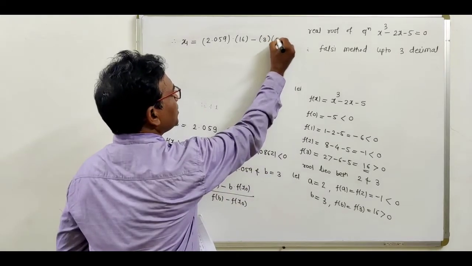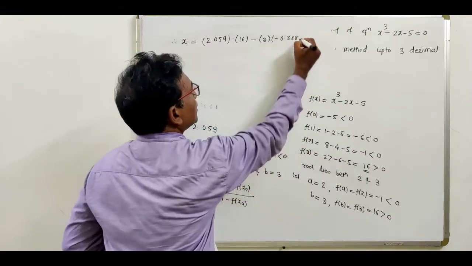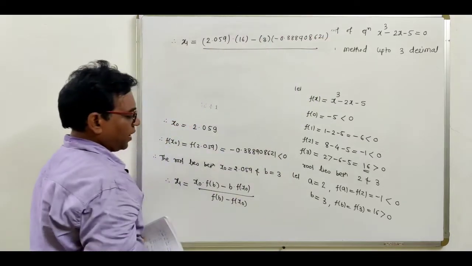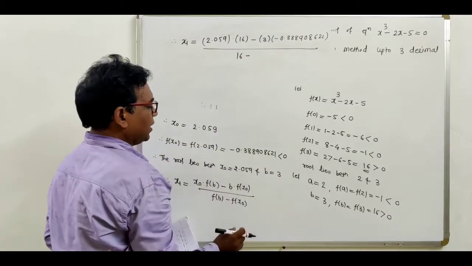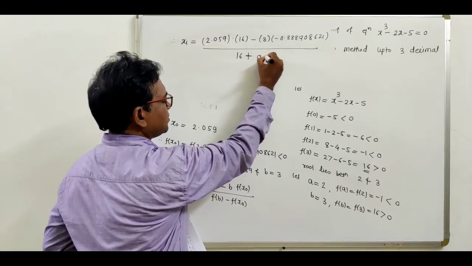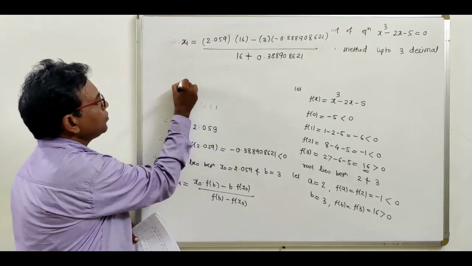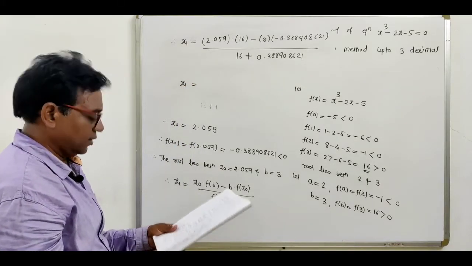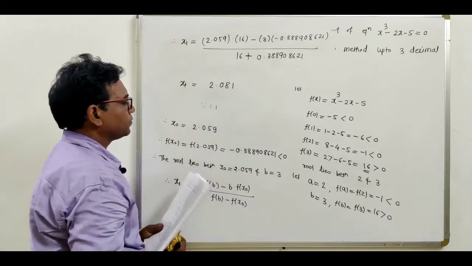The value of f of x0 is minus 0.388908621, divided by fb minus fx0. So what is fb? fb is 16 minus fx0. So f of x0 is negative, so minus minus becomes plus 0.388908621. So the next approximate root, x1, is equal to 2.081.